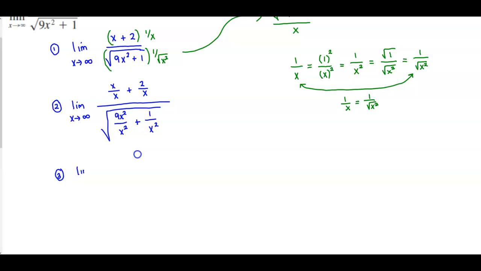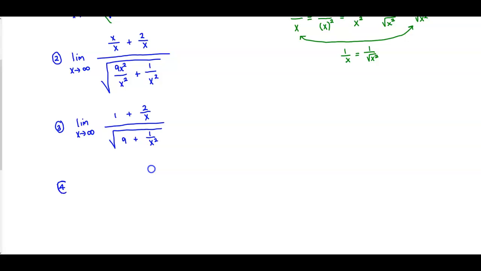So we have the limit as x approaches infinity. Well, x divided by x is 1, plus 2 over x, divided by the square root of 9x squared over x squared, which is 9, plus 1 over x squared.